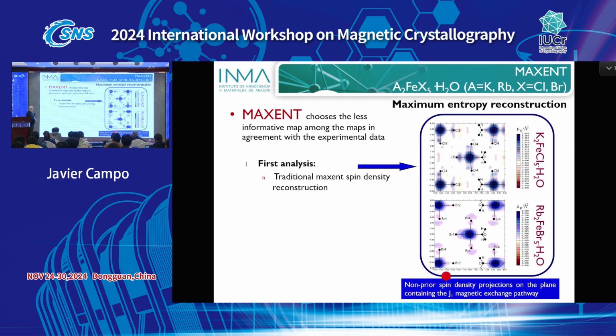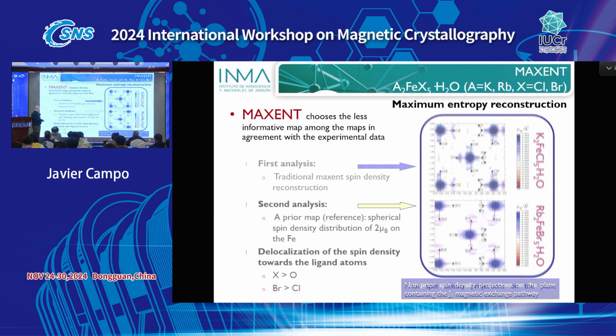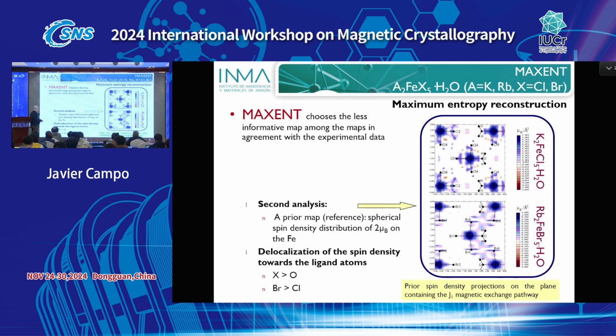That means that in maximum entropy, you can start from nothing, non-prior spin density, or you can say, let's start assuming that iron has 5 Bohr magnetons. And then if you start with this other assumption, you will obtain something different, but very similar, with more precision.